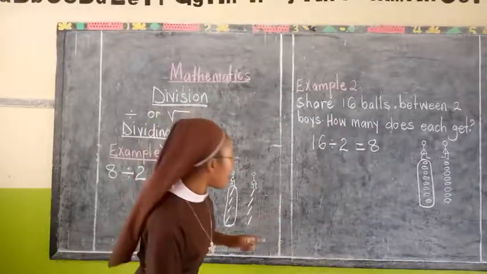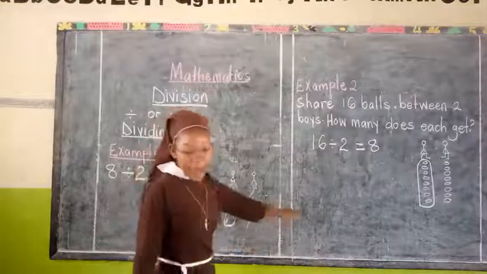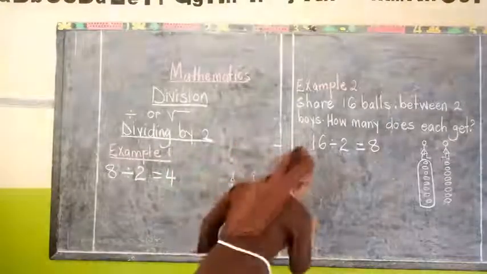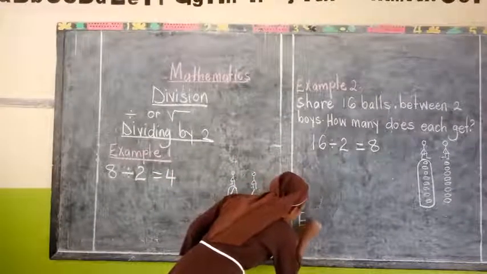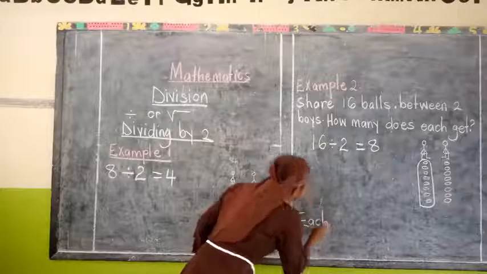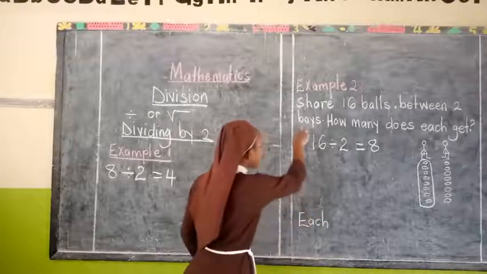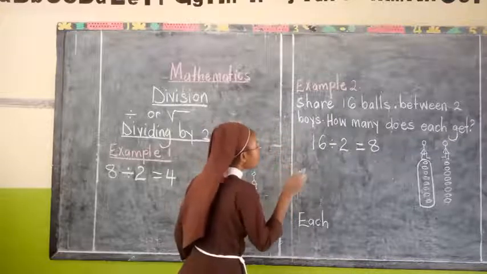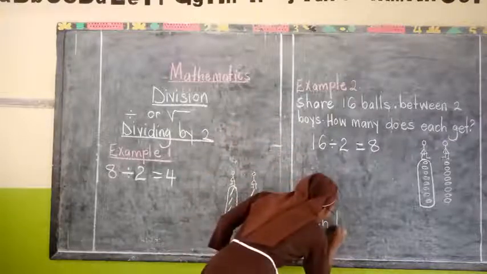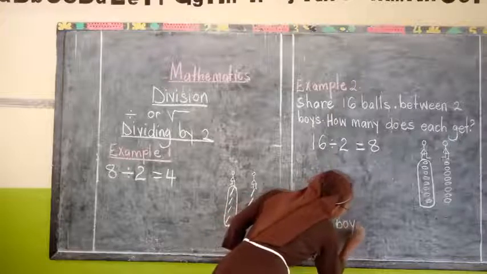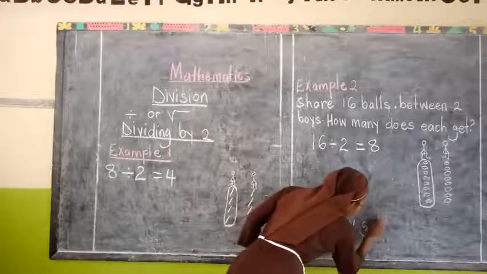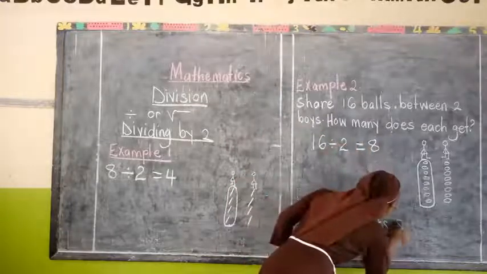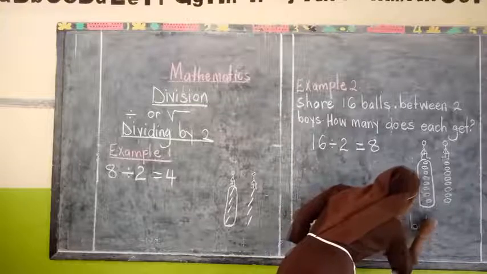After writing there, we come down here and we write the final statement. So we shall write each boy gets, our answer is here, 8 balls.